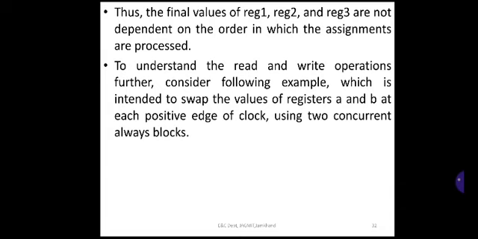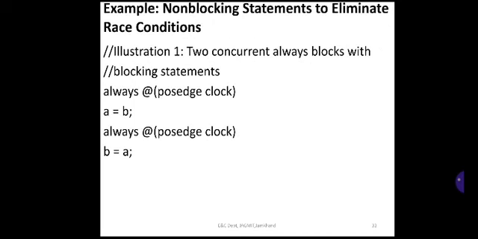To understand the read and write operation further, consider the example here, which is intended to swap the values of registers A and B at each positive edge of the clock using two concurrent always blocks. First, let us discuss illustration 1.